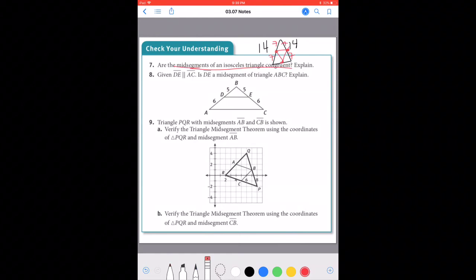So let me erase this again. Let me redraw it so we can do this nice and big. Midpoint, midpoint, midpoint.